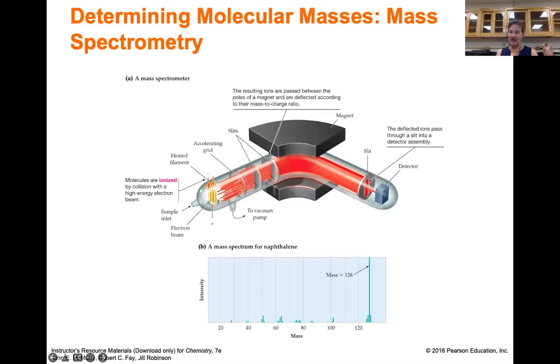So if you have heavy molecules going through, then they're going to be going slower. And if they have more charge, they're going to be more impacted by the magnet. So that will determine where they end up on the other end of the tube. So essentially it's a way to determine what's in a molecule, so what a molecular mass is.